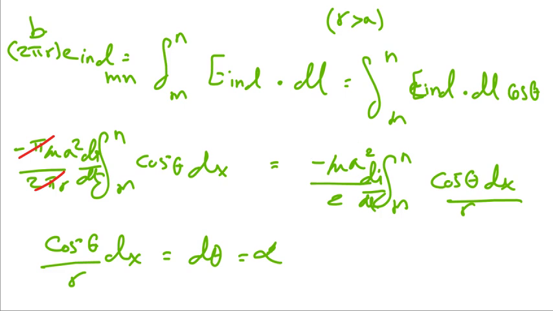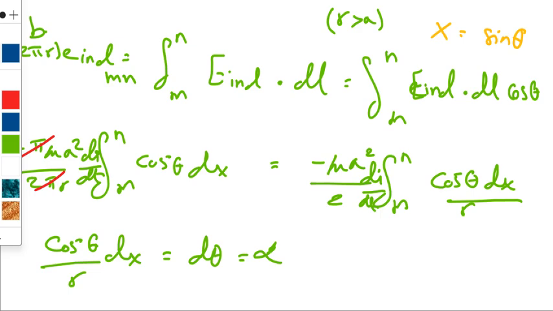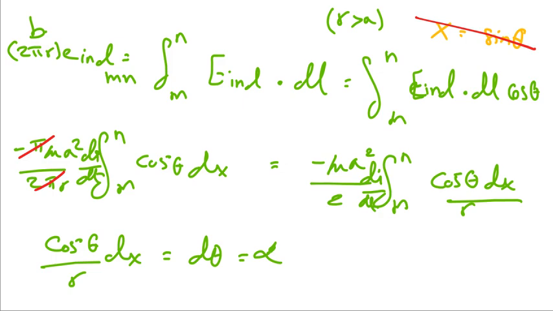So we have E induced times dl cosine theta. Whenever you see a dot product, you assume you're doing cosine theta. When you have the cross product, you're doing sine of theta, but don't worry about that now, because we're not doing the cross product at all in this problem. We're just doing the dot part.